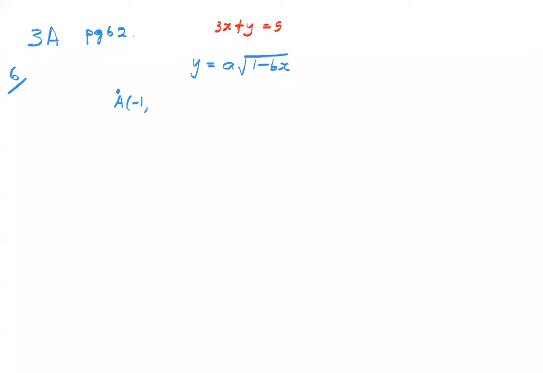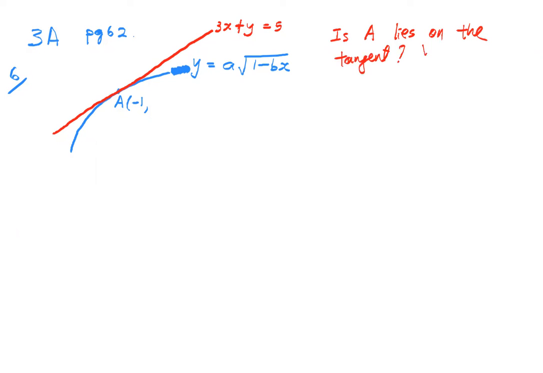Alamak. So this is my curve, I have to redraw. Okay, and this is the tangent. Does point A lie on the tangent? My question, you have to ask yourself: does A lie on the tangent? The answer is yes.